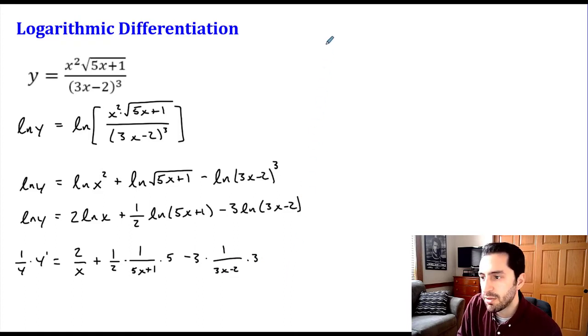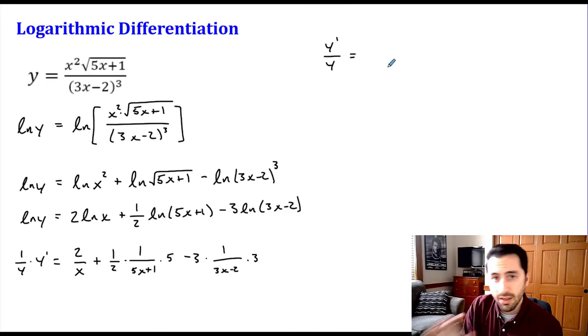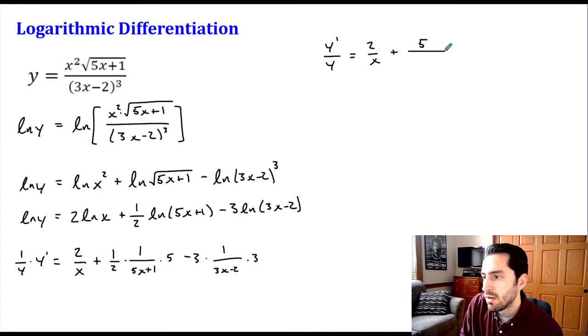All right, so let's move up here. So now I have y prime over y. Remember that y prime means the exact same thing as dy over dx. And then the other side, we have 2 over x. And then let's simplify these other terms. In the middle, I'm going to have a 5 in the numerator. And then in the denominator, I'm going to take that 2 and distribute that to both parts.